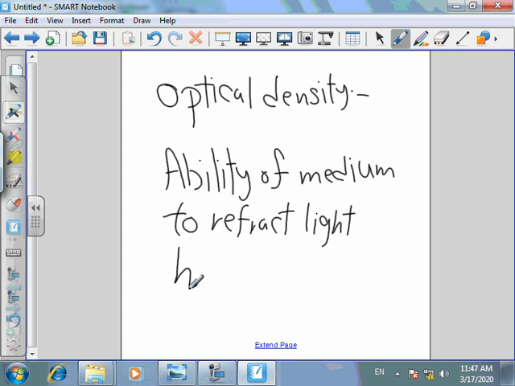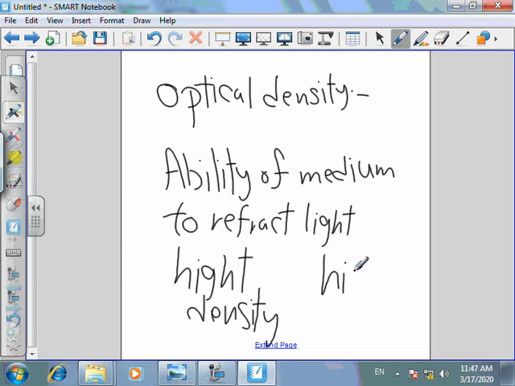It has high density, so it has a high ability to refract light. But in the case of air, it has a low density, so it has a low optical density.